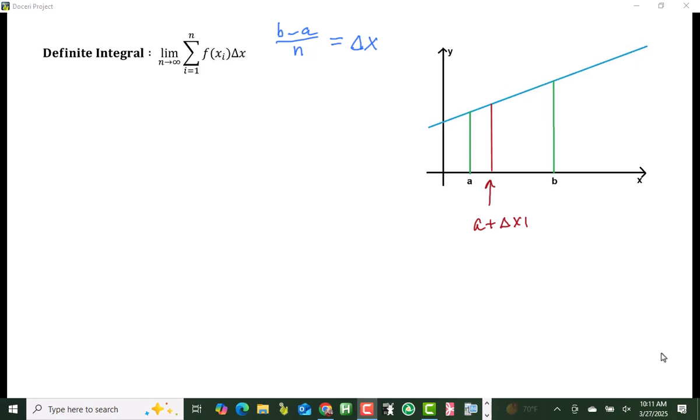This page is not in your notes. If we're starting at a, I'm just drawing this really big. Let's assume this is our first little subinterval. The width of it is what? Delta x, which means this x value with the red arrow pointing to it, wouldn't that be a plus delta x times 1, if that's my first one?